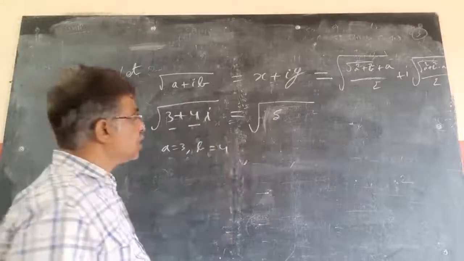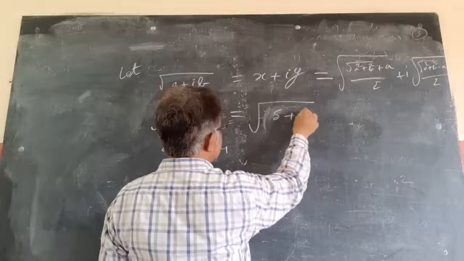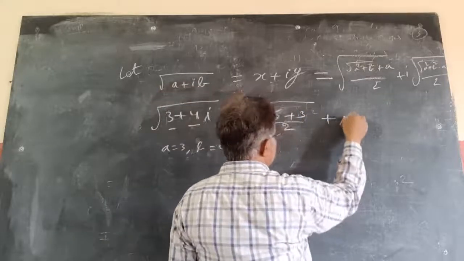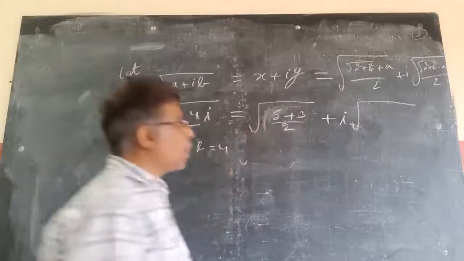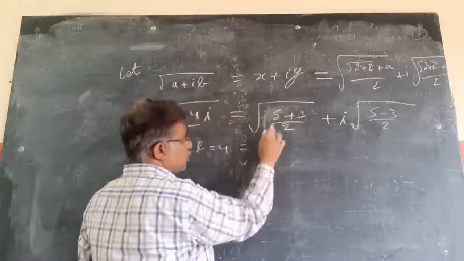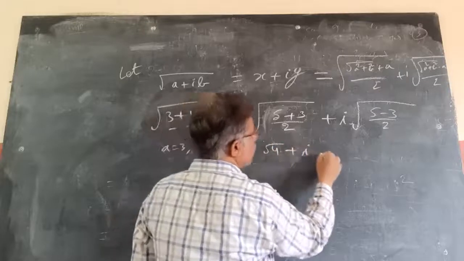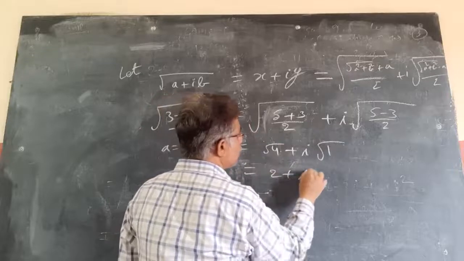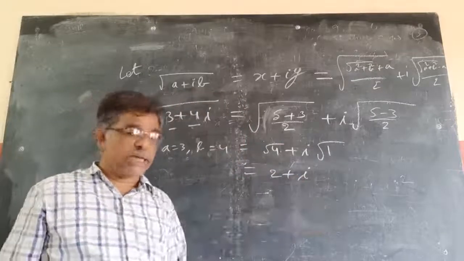So this is the root of 5 plus a, which is 3, by 2, plus i into the root of 5 minus a, which is 3, by 2. This equals root 8 by 2, which means root 4, plus i into root 2 by 2, which is 1. Root 4 is 2. So the square root of 3 plus 4i equals 2 plus i.